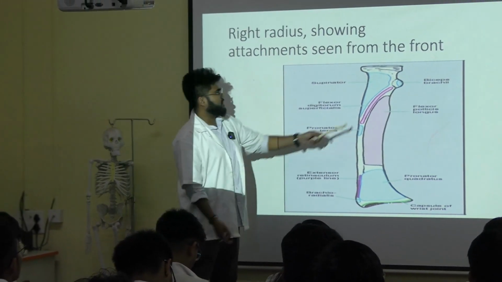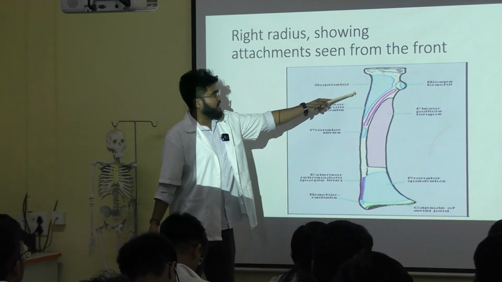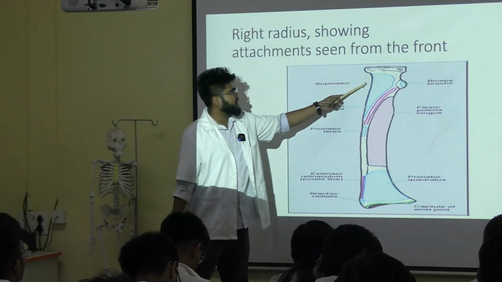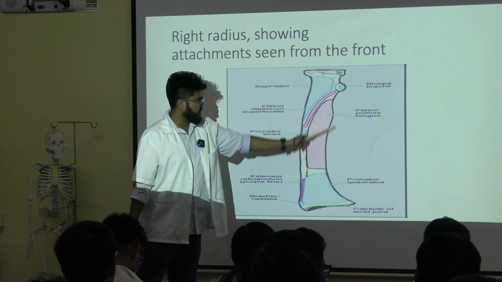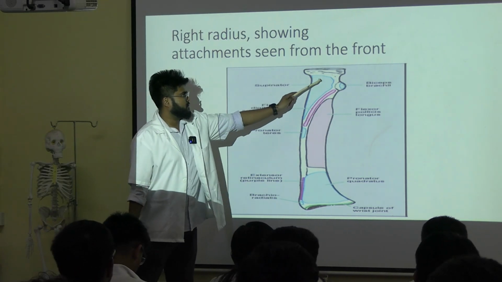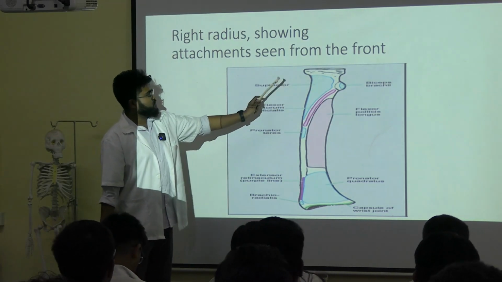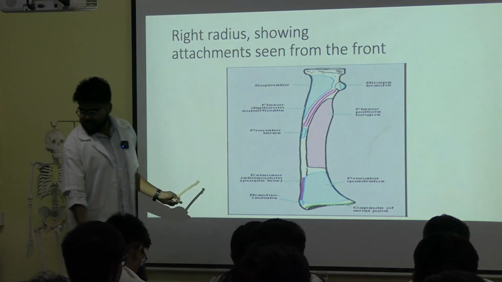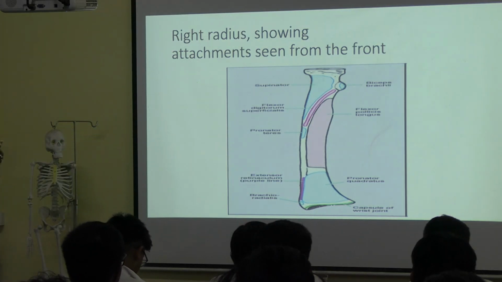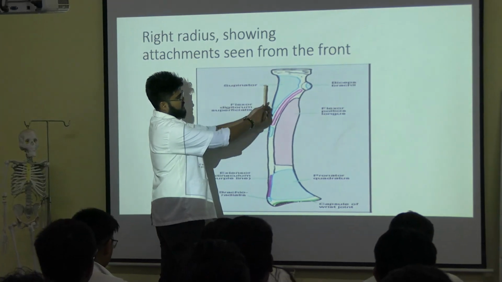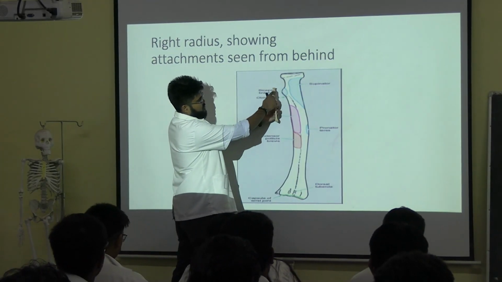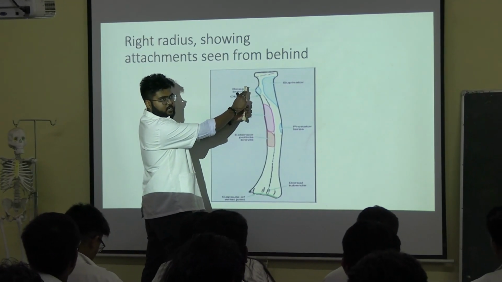Next, the supinator muscle is attached mainly to this part. Which surface is it? The lateral surface, because the sharpest border is present here. The supinator is present here, but it is also present posteriorly, a little bit.